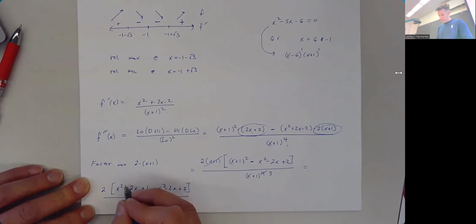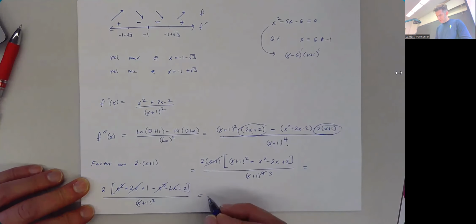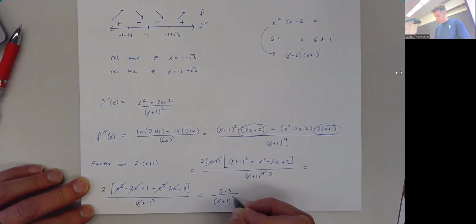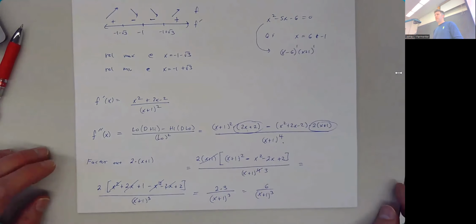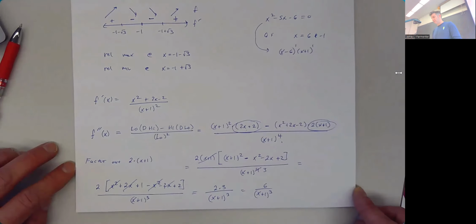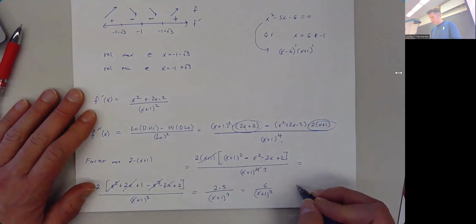And then we cancel the x squareds, we cancel the 2x's, and we end up getting 2 times 1 plus 2 is 3 over x plus 1 cubed, or 6 over x plus 1 cubed. Which feels kind of like a lot of work for a relatively simple answer.